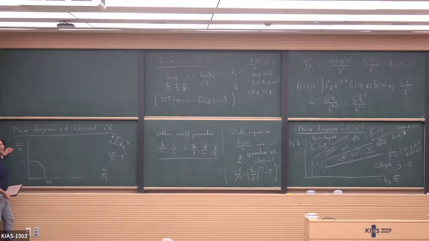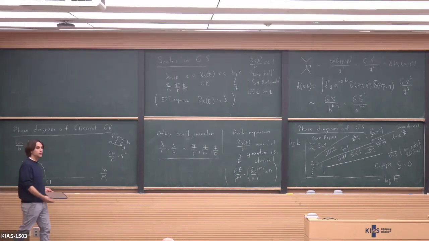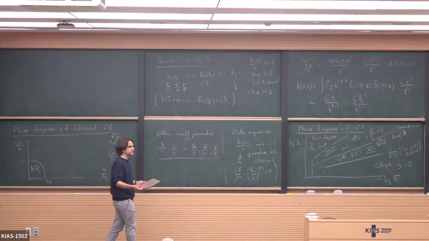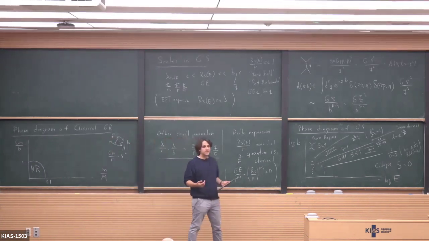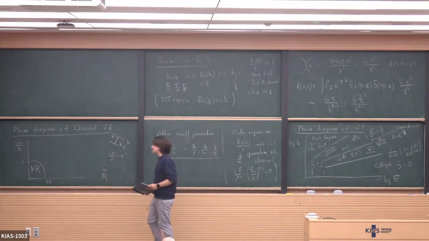And then when the field is strong, so when b is of order the Schwarzschild radius, now this is classical, so we do have some classical equations of motion. We have Einstein's equations, and we can put them on a computer. So this is just numerical relativity, which, since about 20 years ago, we can actually use to make predictions for this kind of mergers and stuff like that.